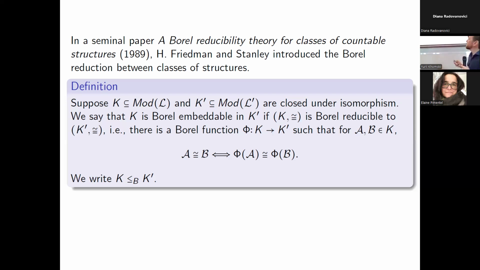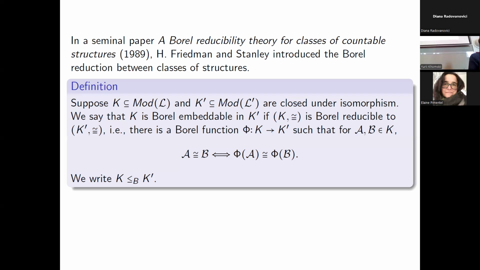So what that's really saying is that there's this Borel function phi, and it's taking a K structure to a K prime structure, so that the original things are isomorphic if and only if the new things you built were isomorphic. And so we're going to say that K Borel reduces to K prime. So the way you should think of this is maybe on the left-hand side, for K, you have graphs. On the right-hand side, you have groups. So given a graph, you want to construct a group, right?